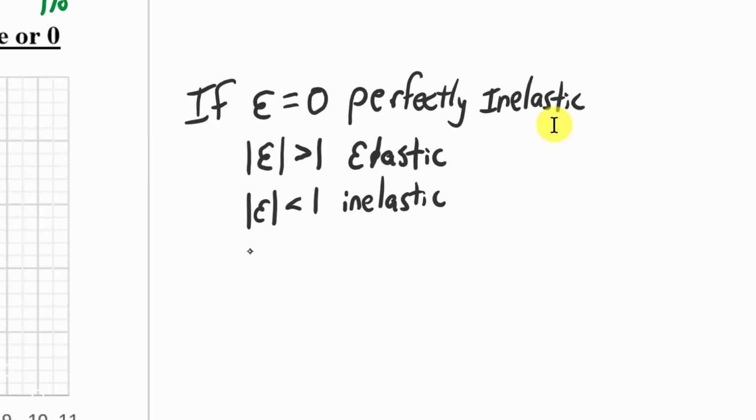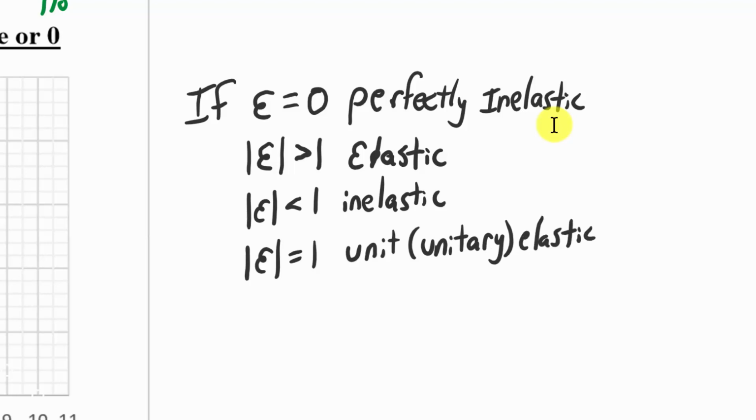And if we have an elasticity that's exactly equal to 1, what do we call that? We call it unit, or sometimes people will call it unitary elastic. The word unit or unitary is just a fancy way of saying the word 1. So that's all unit elastic means, is the elasticity is 1.